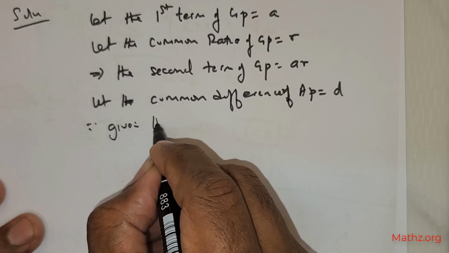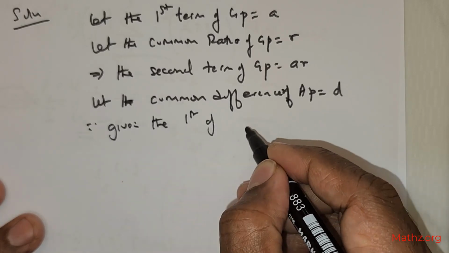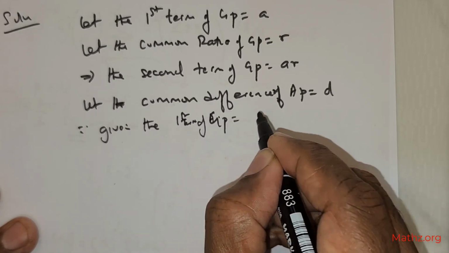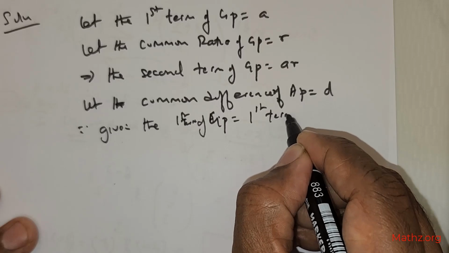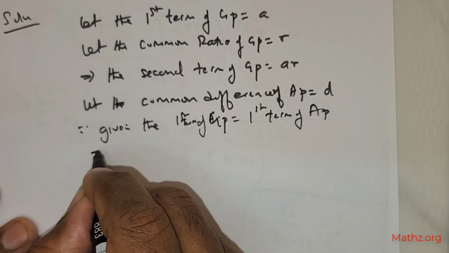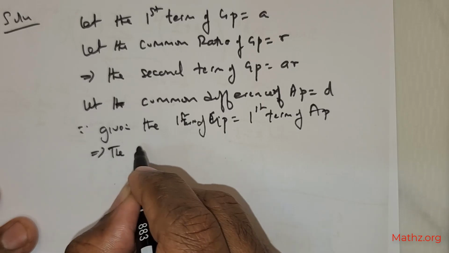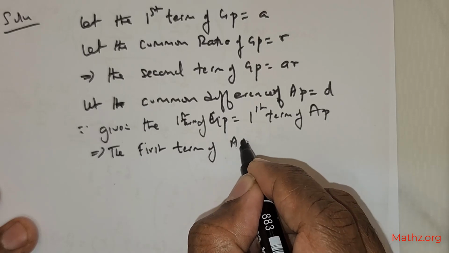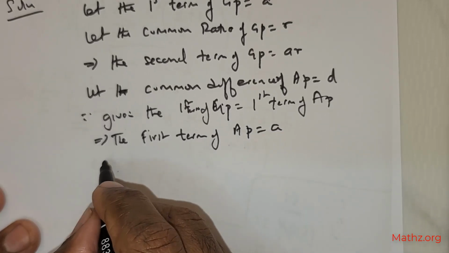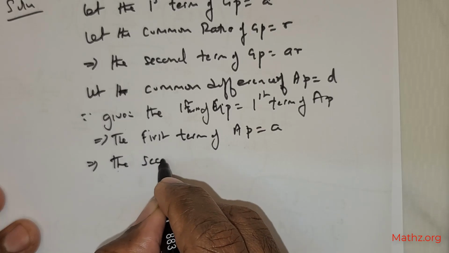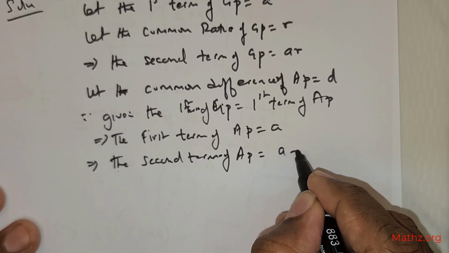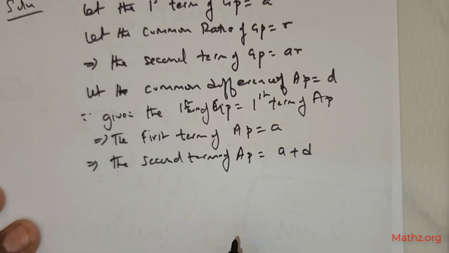Since given the first term of GP is equal to first term of AP, that means the first term of AP will also be equal to A. This means the second term of AP is equal to A plus D. Okay.